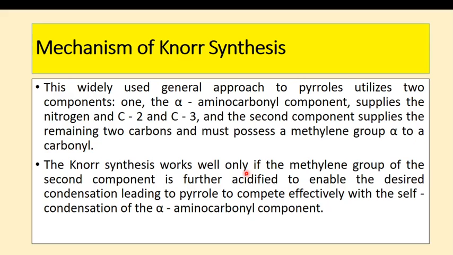The Knorr synthesis works well only if the methylene group of the second component is further acidified to enable the desired condensation, leading pyrrole to compete effectively with the self-condensation of the alpha amino carbonyl component. So this is an overall mechanism of Knorr synthesis.